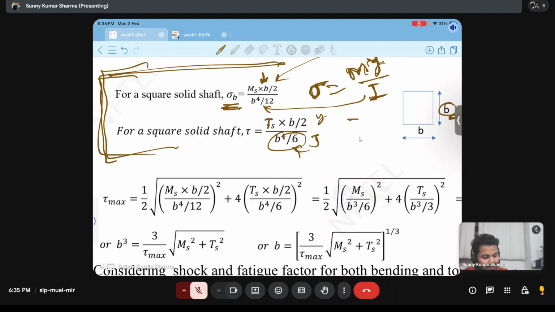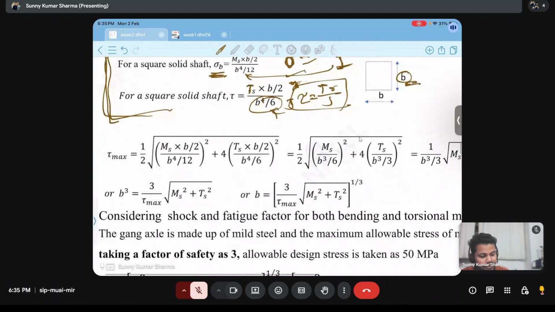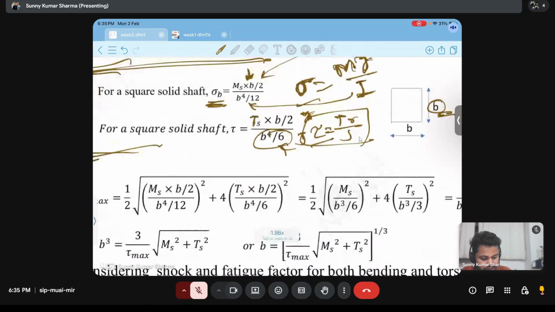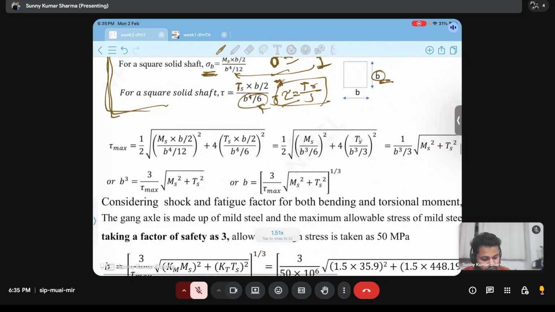In case of torsion, it is T by J equals tau by r, and in case of bending moment, sigma is equal to My by I, and in case of torsion moment, tau is equal to Tr by J.